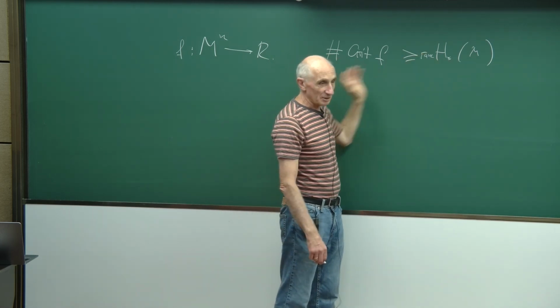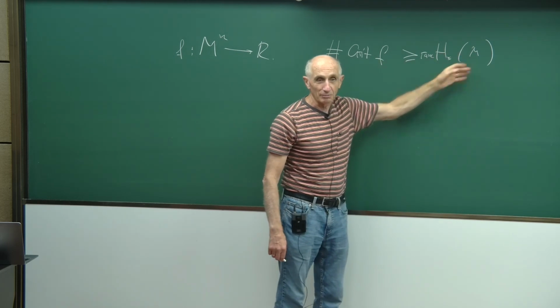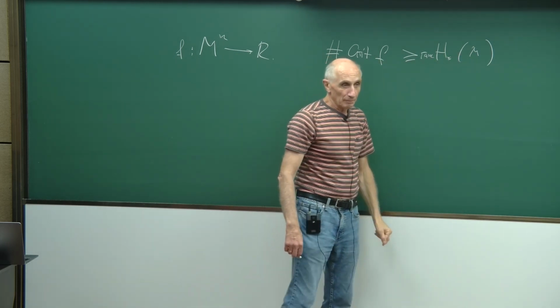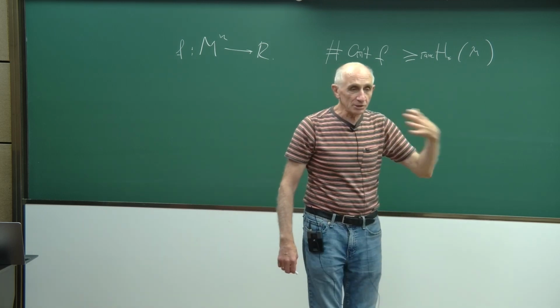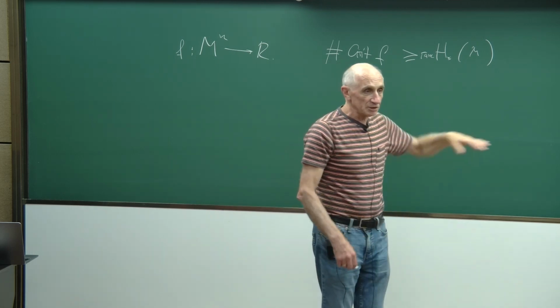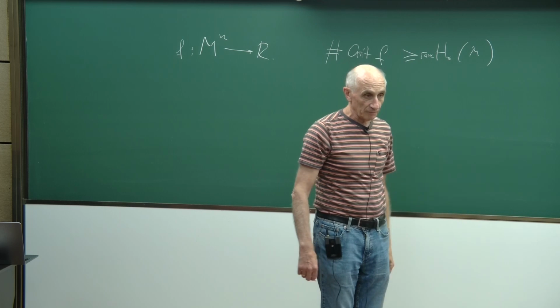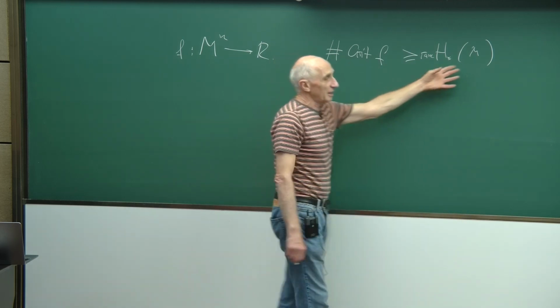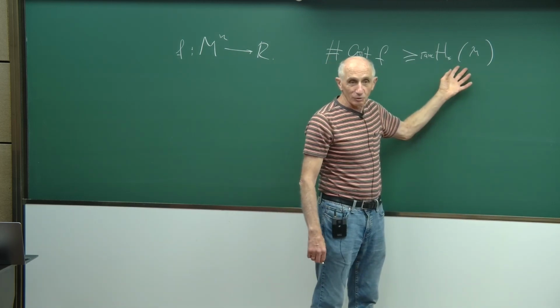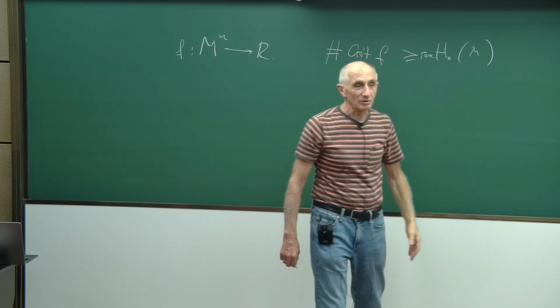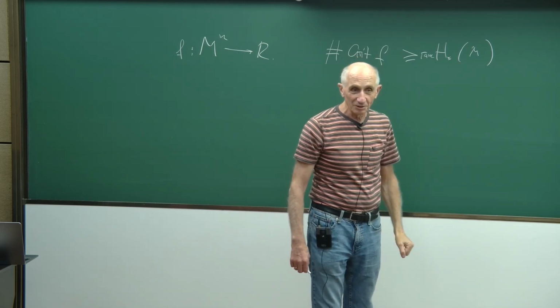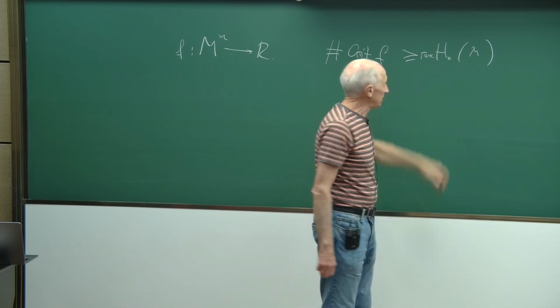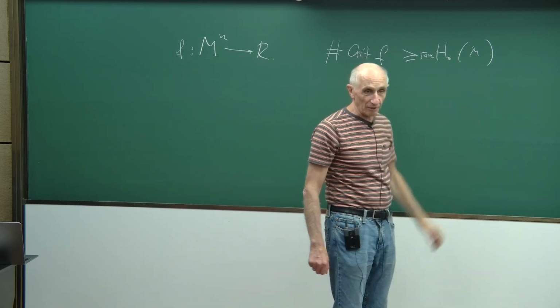You can always find a function with this minimal number of critical points. But if the manifold is not simply connected, then of course this is an extremely bad bound, because for instance you take M as a homology sphere, and then it only says 2 critical points, but of course that's not true, you have to have many more.